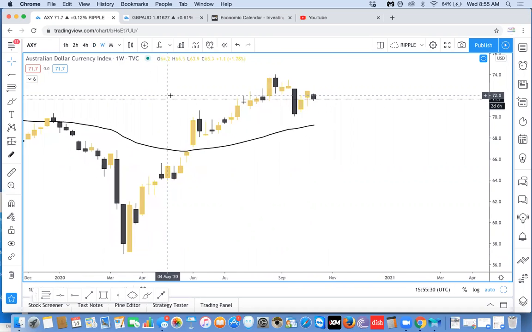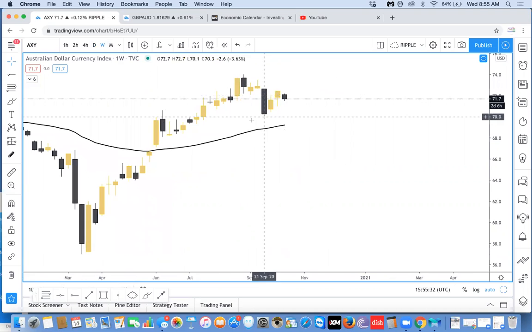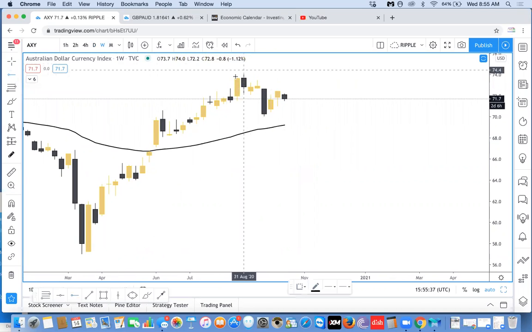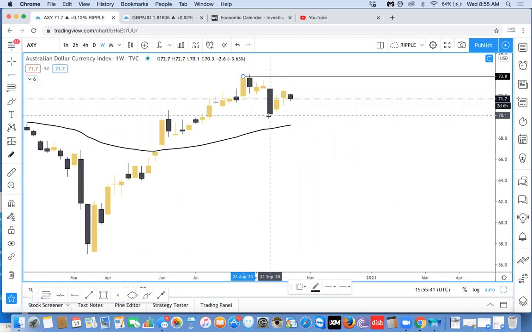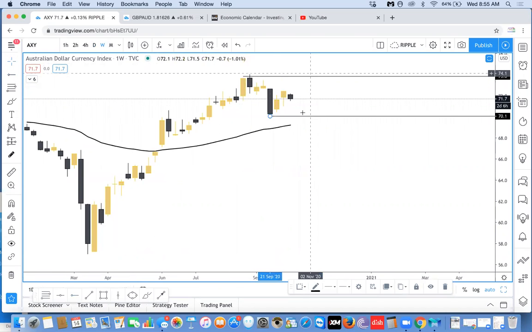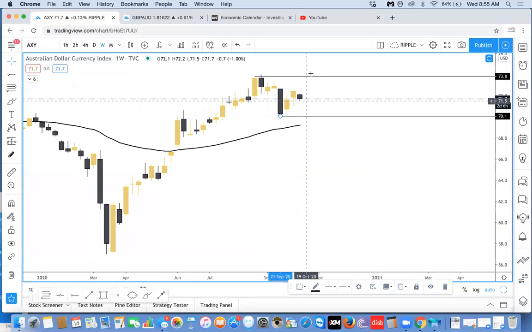They look more so bullish, but we're at this high level of resistance. So we're pretty much trapped in between these two levels right here, and we're waiting for a breakout. A break to the upside will move AUD much higher, and a break to the downside will push AUD towards like the 69, 68 support level.